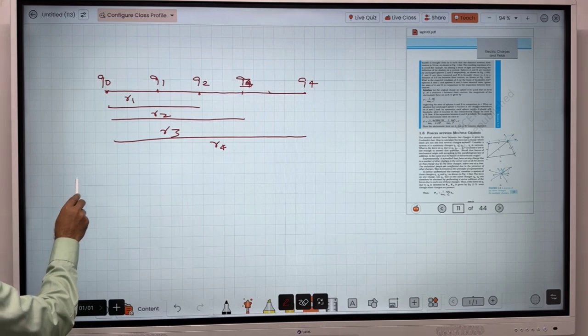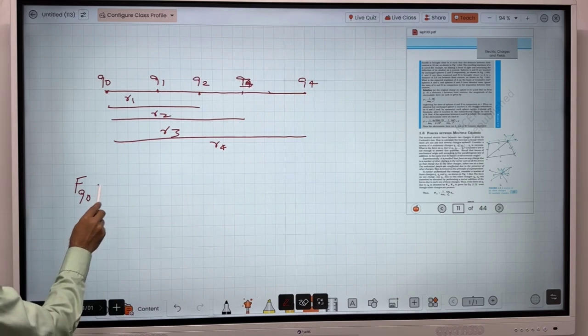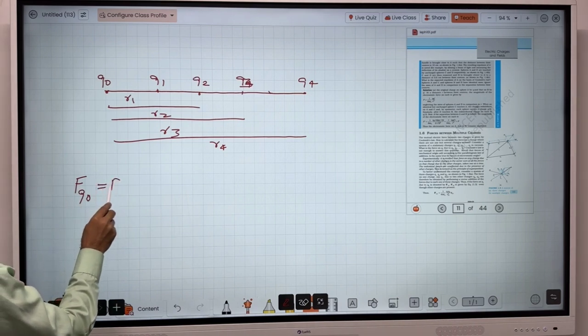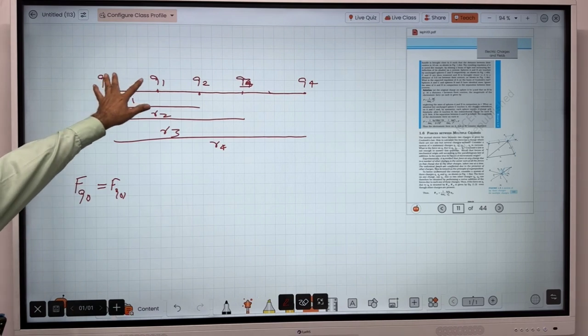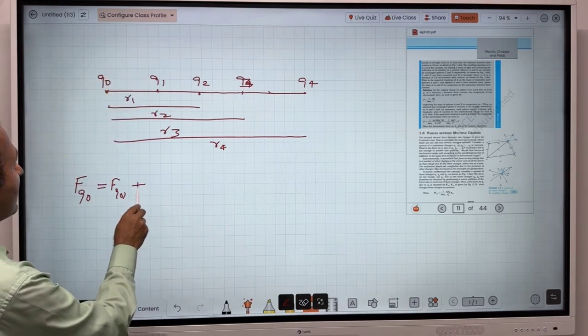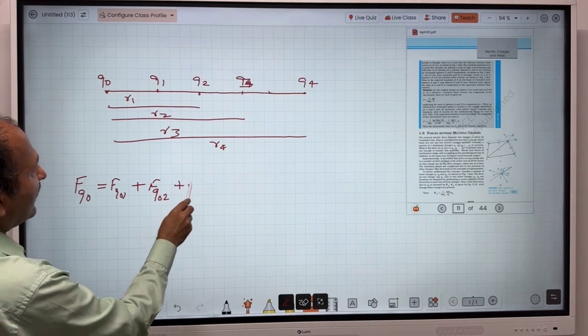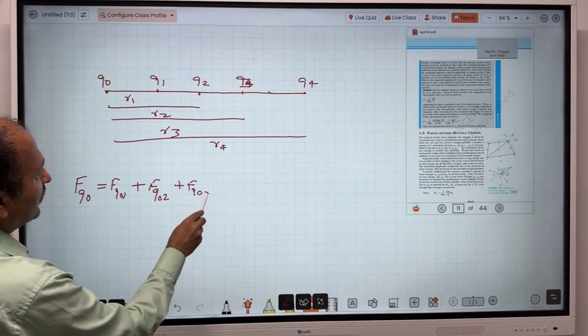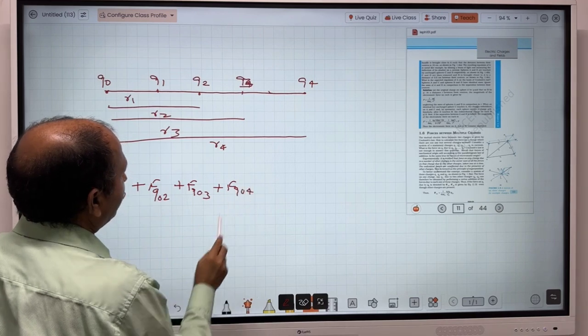So it is very simple. F on Q0 can be written as F Q0 1, meaning force between these two, plus F Q0 2, plus F Q0 3, plus F Q0 4.